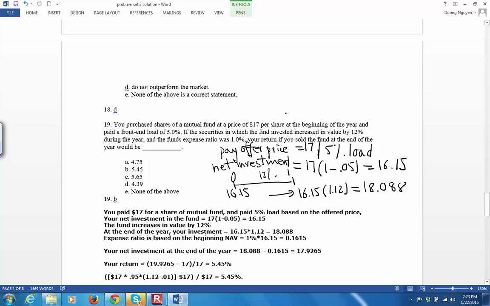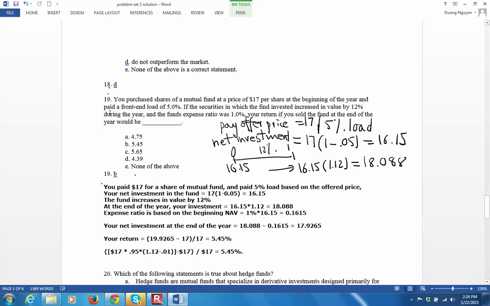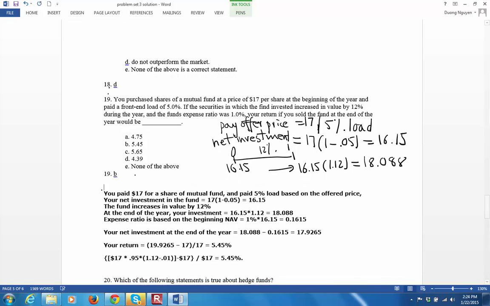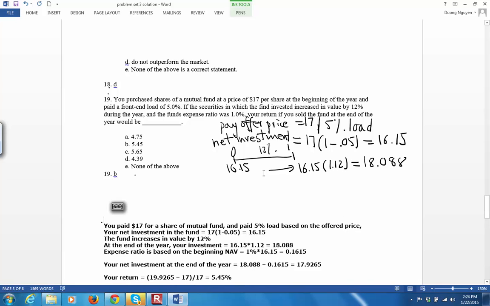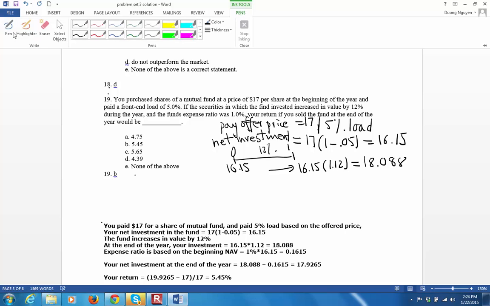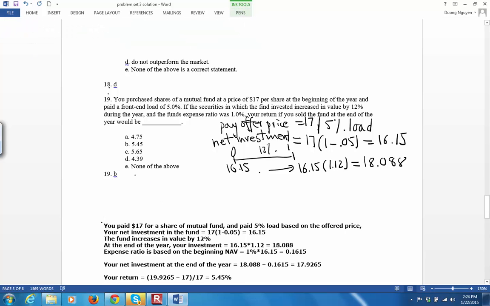Okay, so let's take a look. Now the expense ratio is 1%, so it is 1% times the beginning net assets value, which is 16.15, and equals 0.1615.